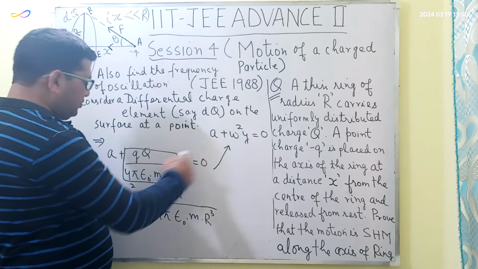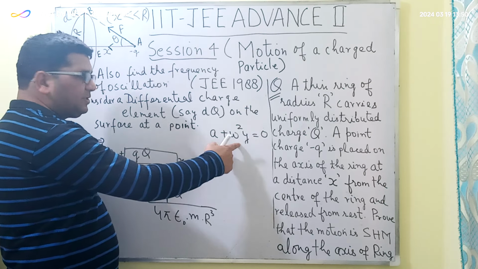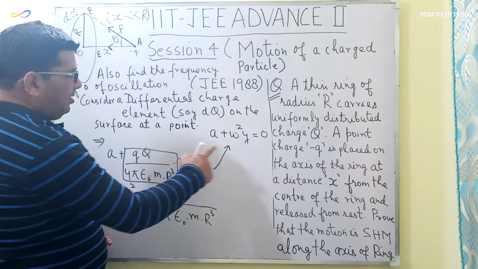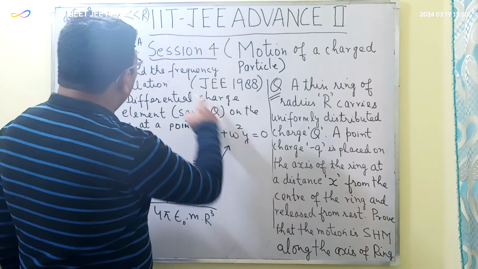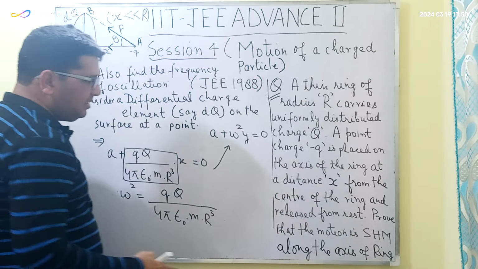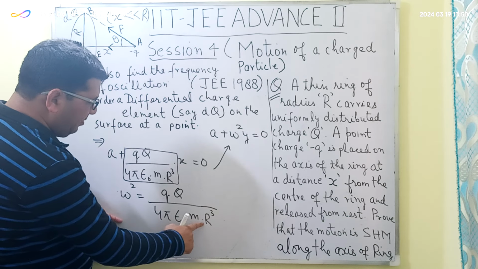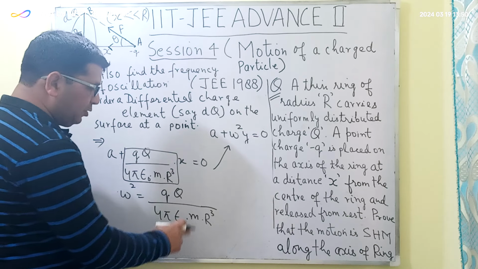So this equation is comparable to this equation of simple harmonic motion of a particle, and since both these equations are comparable with each other, therefore I can say that this negatively charged particle is executing a simple harmonic motion along the axis of the ring, and ω² will be equal to qQ divided by 4πε₀ m R³.